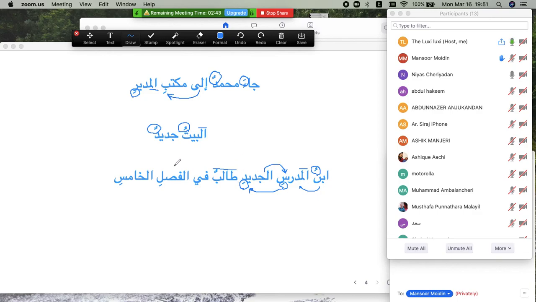It's just that here we have some more added to it. Fi harfu jar, al-fasli ism majroor. It has alif lam, so it takes one kasra. Al-khamisi, this is again a na'at. It follows al-fasli. Right?